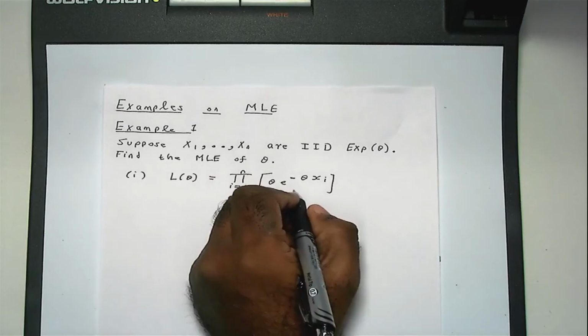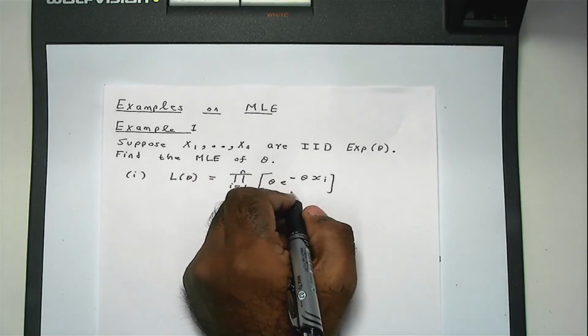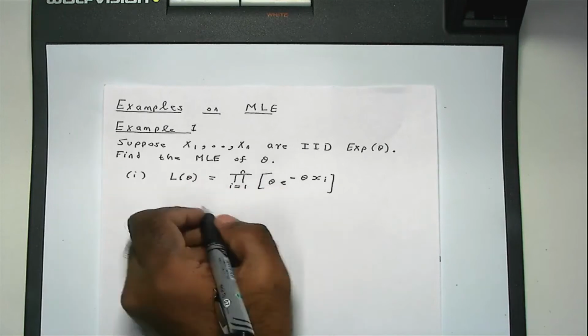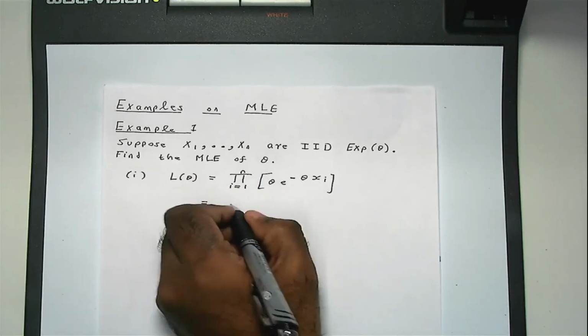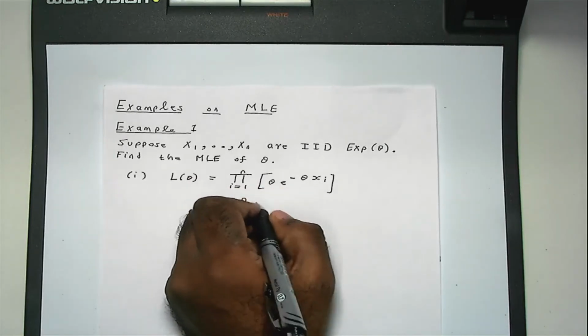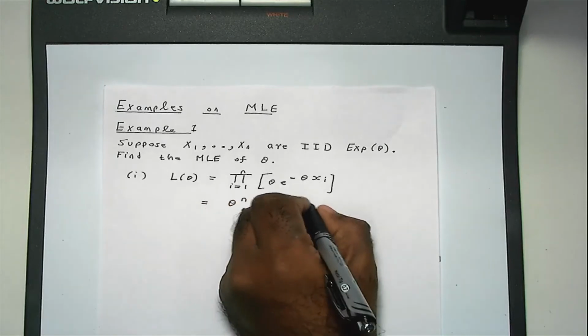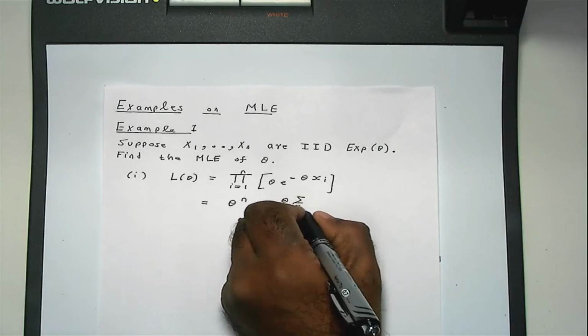Now this is where your properties of product comes in. That's one of the videos I made as part of the preliminary section for this course. So if you take the product of this, you will get theta power n e minus theta times the sum of xi.